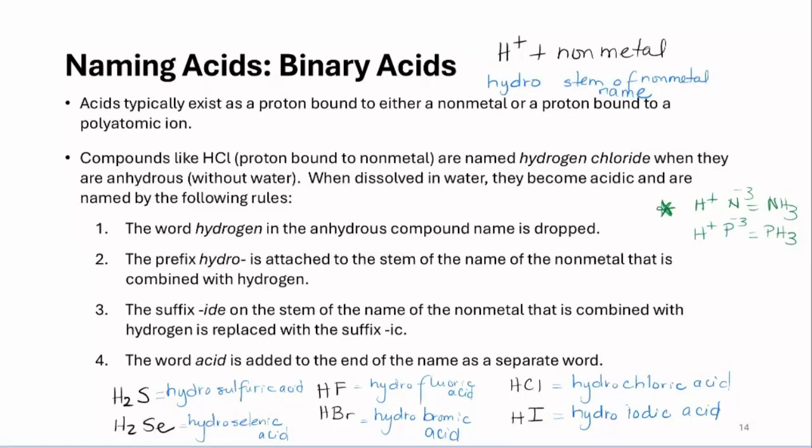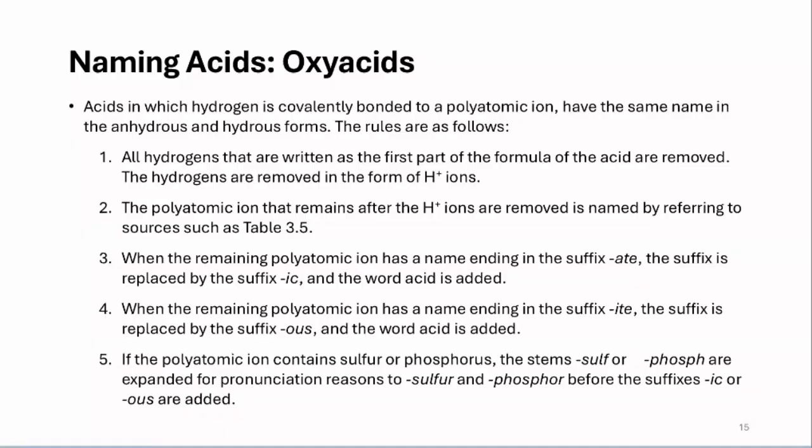Let's now proceed to learn how to name the other class of acids. Now we're going to learn how to name oxyacids. Oxyacids come from the combination of H plus and a polyatomic anion. When we have oxyacids and we have to write their names, understand that the word hydro is not utilized.